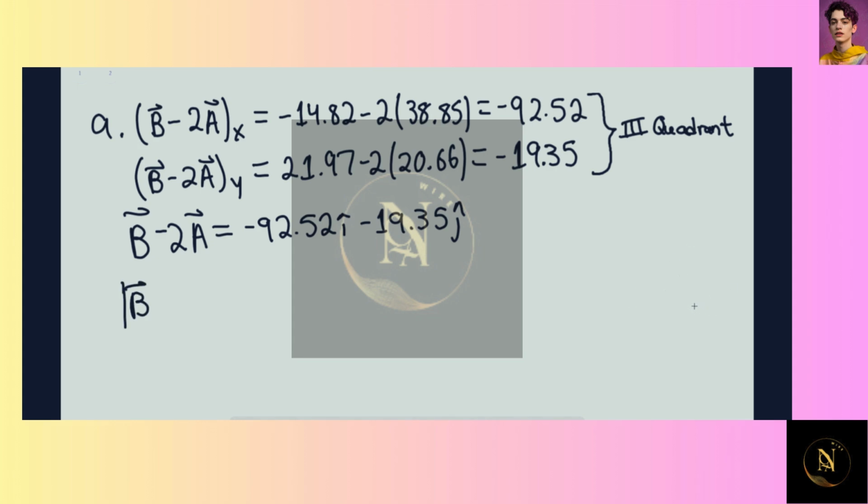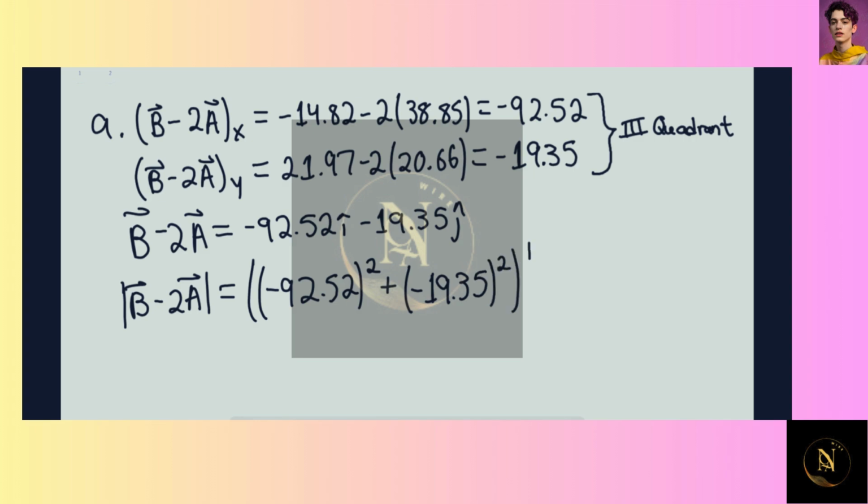So this will be the square root of the sum of the squares. Negative 92.52 quantity squared plus negative 19.35 quantity squared, all to the 1/2 power. This is giving us 94.5 approximately.